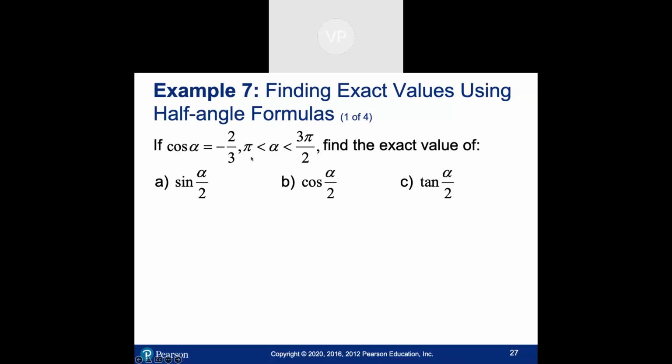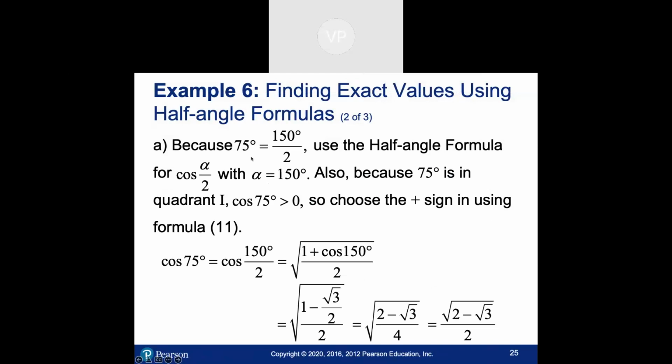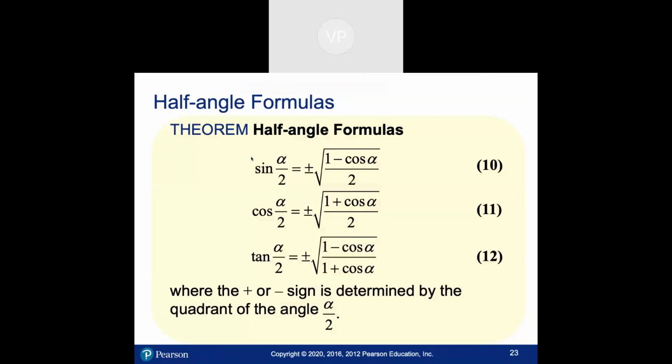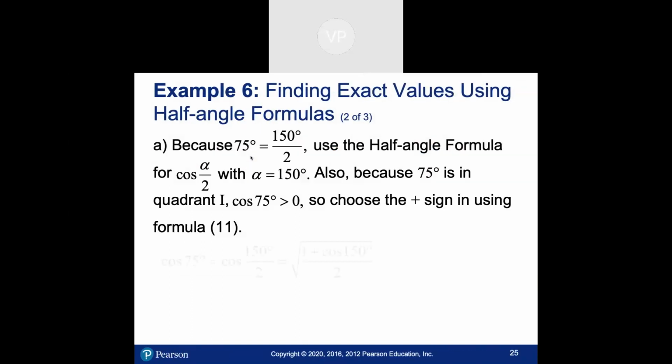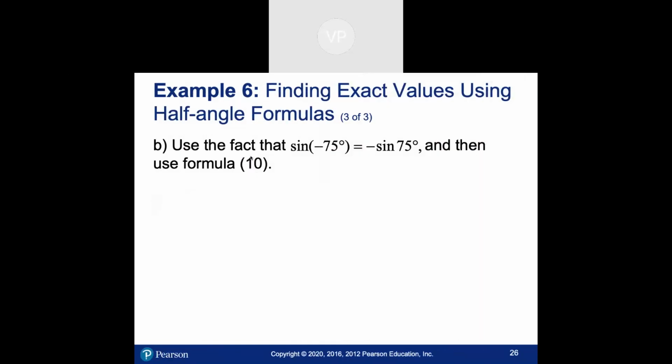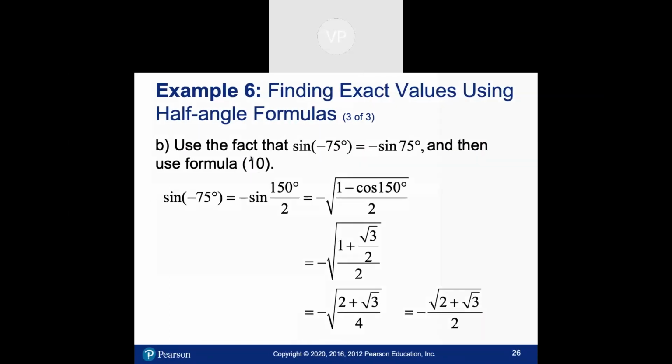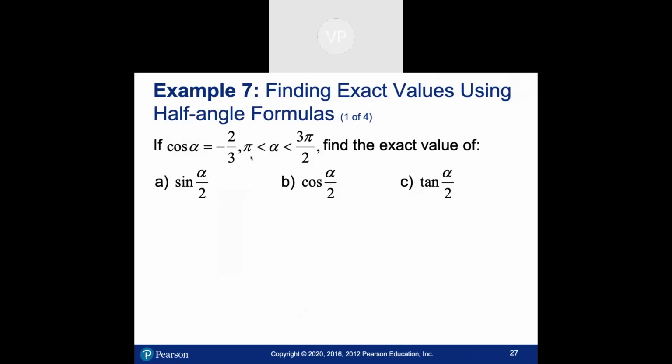It didn't need to happen because all of your formulas, go back a few more slides, every formula is calling upon cosine of alpha. So that's really all you have to get, is cosine of alpha. Now, if they happen to give us this problem, and instead of giving us cosine of alpha, they gave us sine of alpha, then we're going to have problems when we use our formulas.